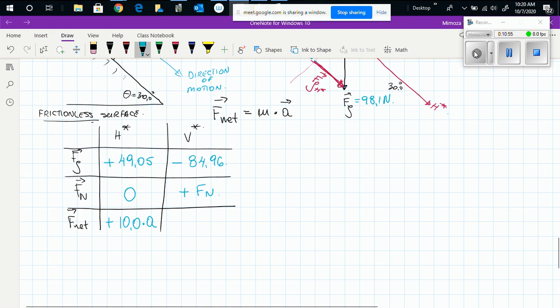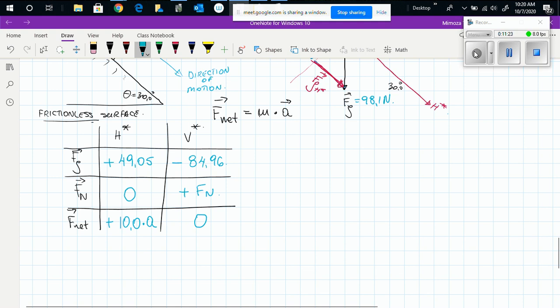So you have to tilt your head and see that it's moving only along the horizontal and not along the vertical. This is why the acceleration in the new vertical axis is equal to 0. And since the acceleration is equal to 0, based on Newton's second law, force net on that axis will be equal to 0.